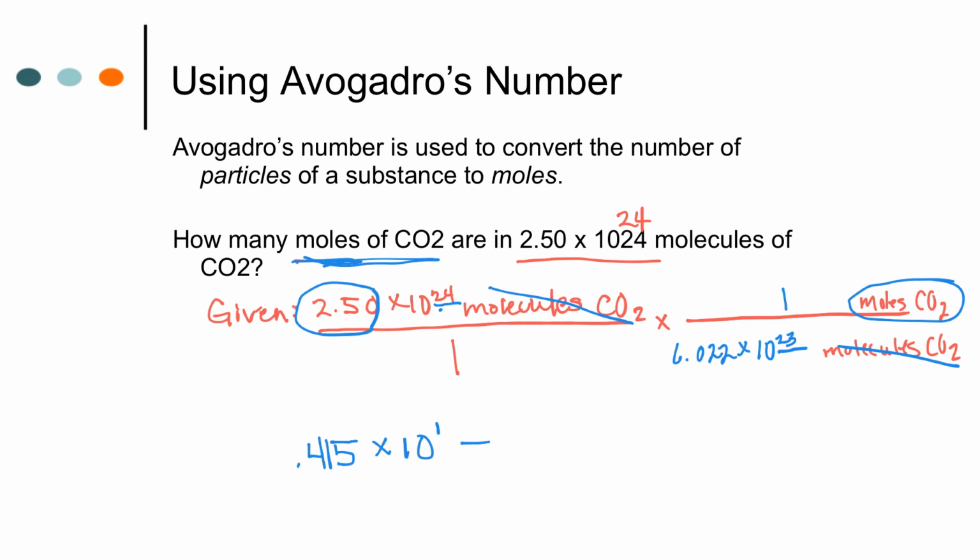To write this in proper scientific notation, we're going to have to move this decimal point 1 to the right and write it this way, 4.15 times. Now, since we moved it to the right, instead of 10 to the first, what's it going to be?